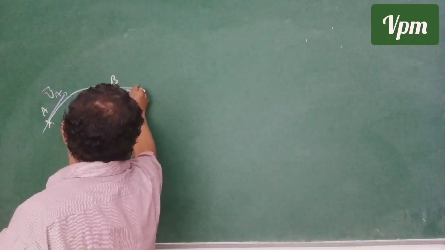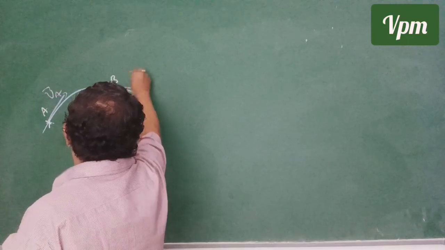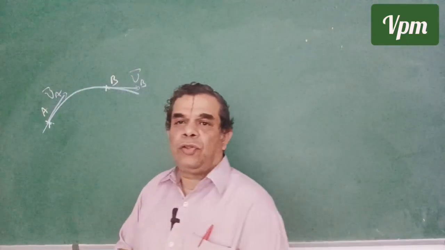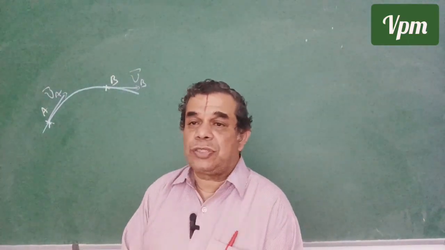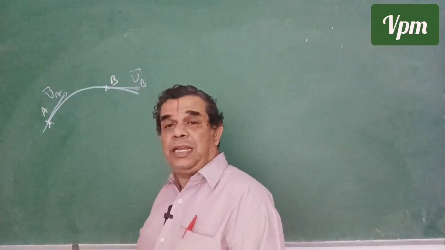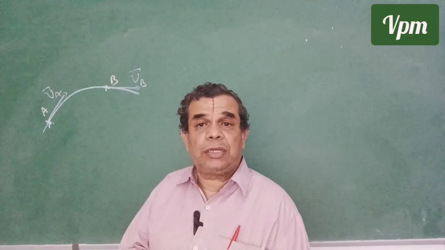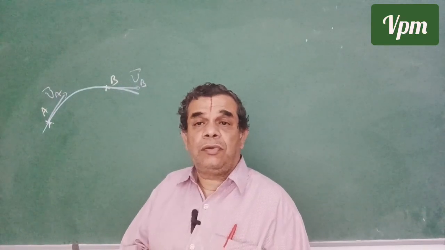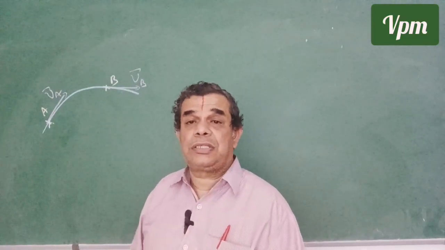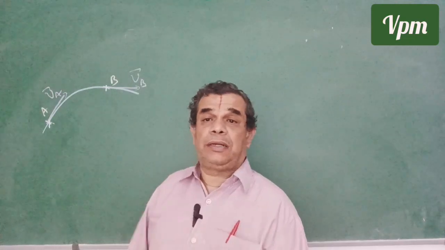And at B, the velocity will be like this. But what we want is to know velocity at A. How to do that? That's what is our today's thing to learn.